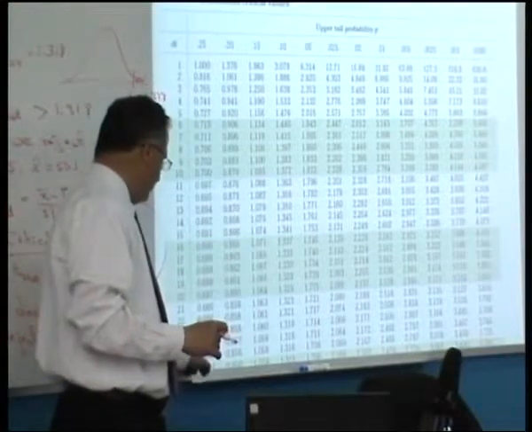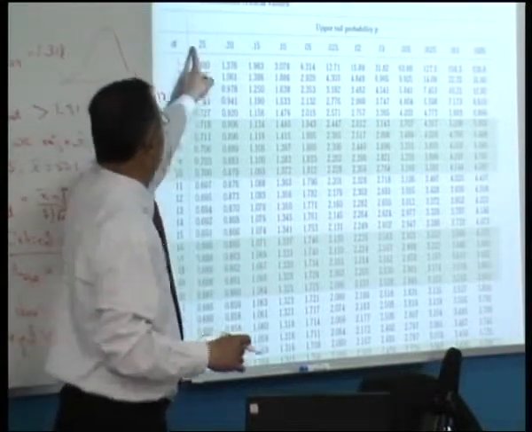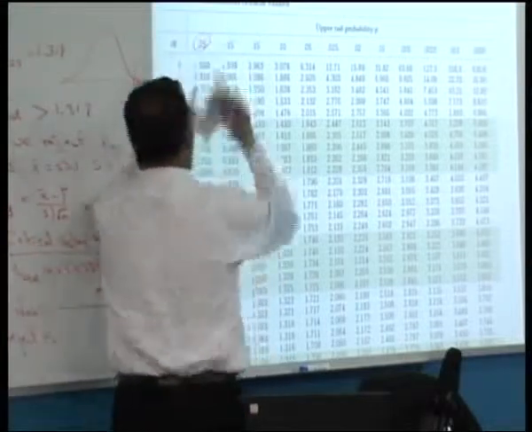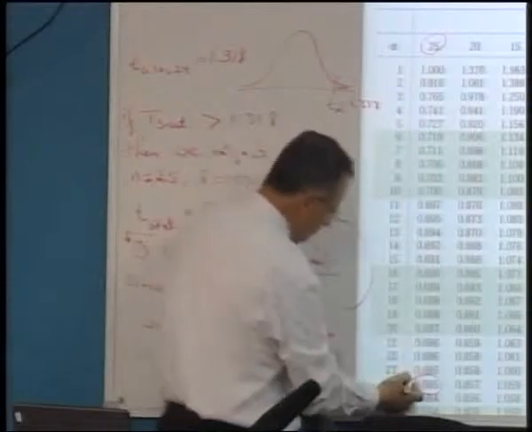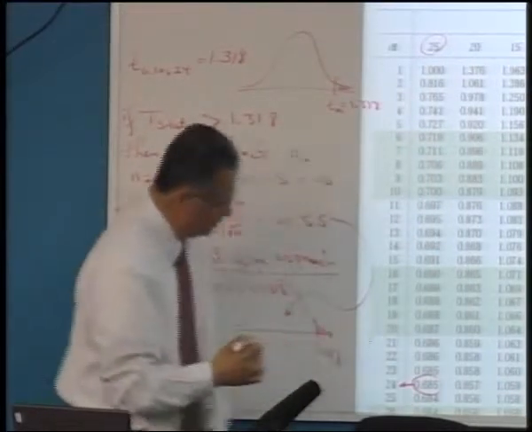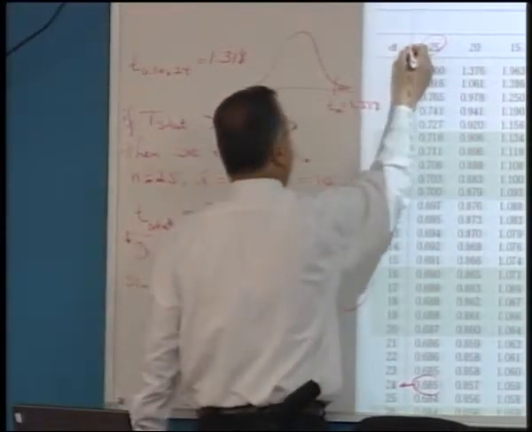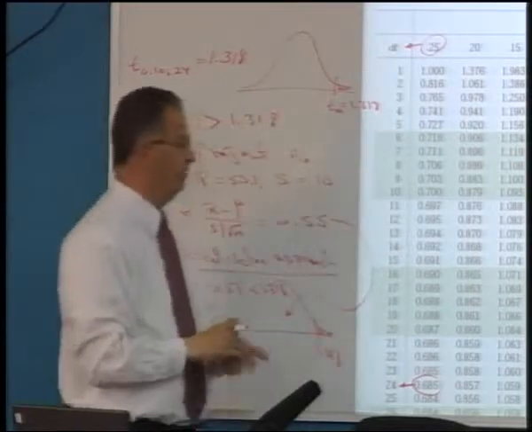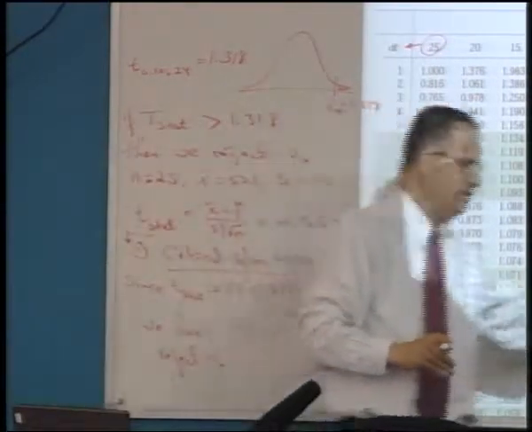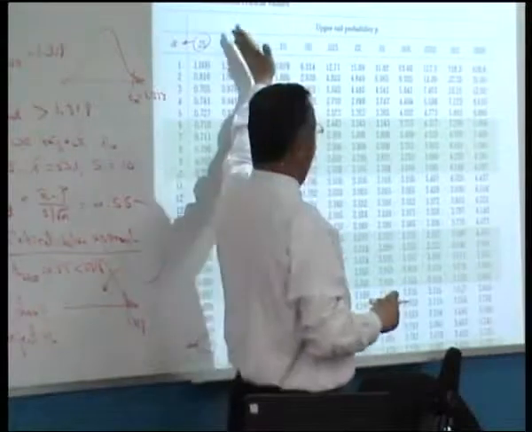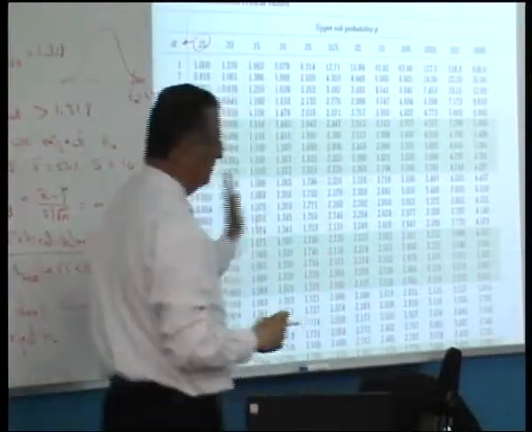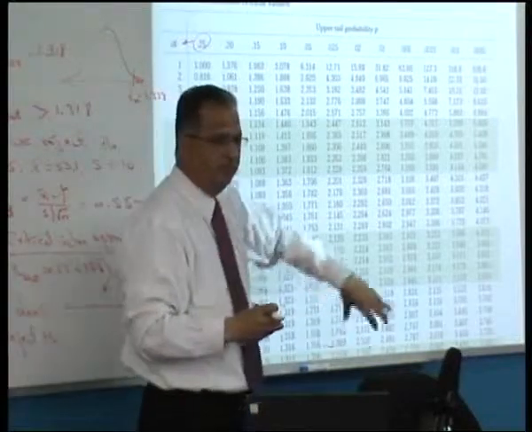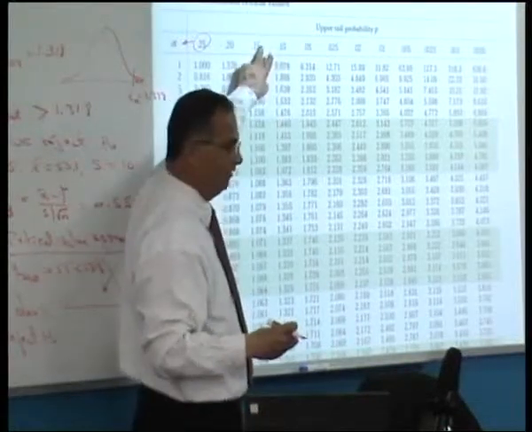So my 0.55 is to the left of this value. Yes, so my p-value is to the right of this. Now here, as the t statistic increases, the p-value decreases. So vice versa, there is an inverse relationship between t-value and p-value.